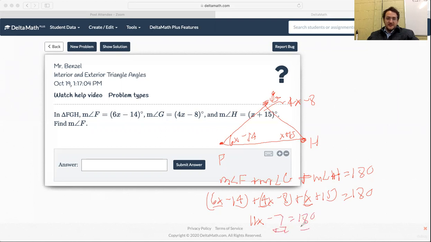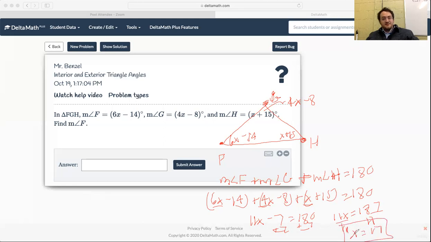Add 7 on both sides. So I get 11x equals 180 plus 7, which is 187. You'll want to go to your calculator to see what that is. So x is equal to 17.